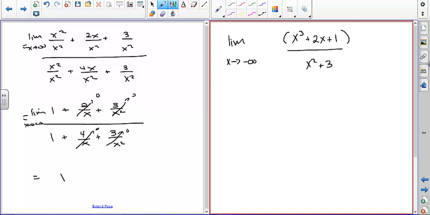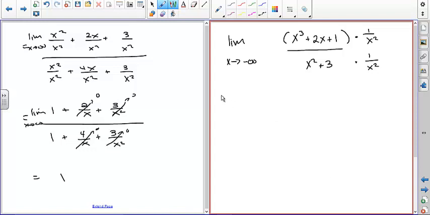So what I would choose in this case is I could either choose 1 over x squared or I could choose 1 over x cubed. It doesn't really matter. So I'm going to choose 1 over x squared. So I'm going to multiply both the numerator and the denominator by 1 over x squared.